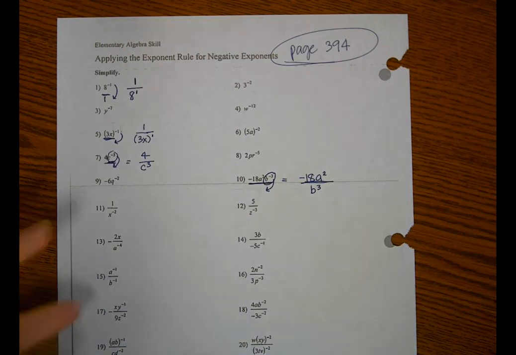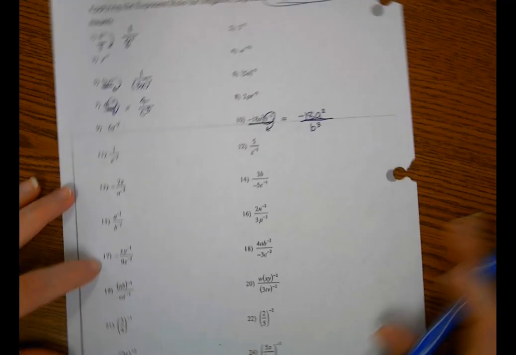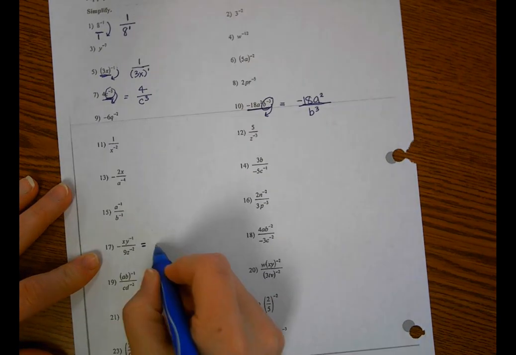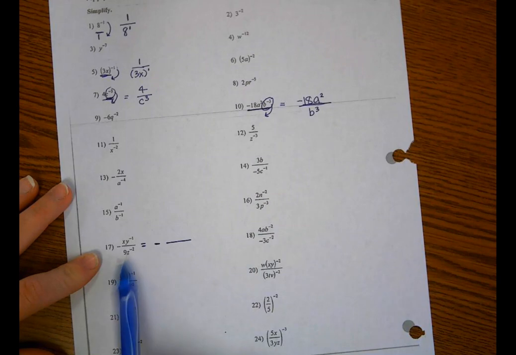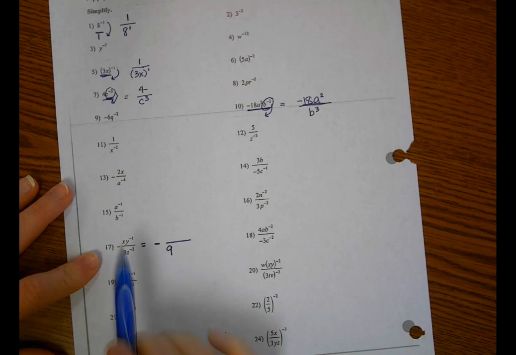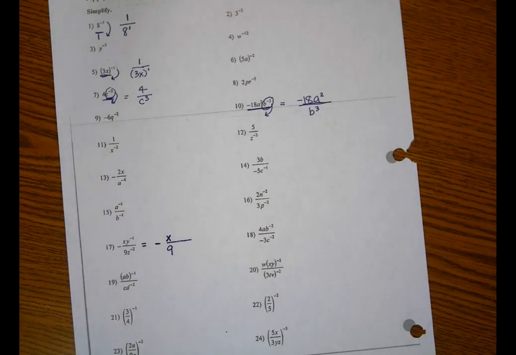So if we go ahead and look at number 17, again, that negative in the front is not going to move. That does not change any numbers, so this would stay negative. Then my 9 at the bottom does not have a negative exponent, so it's going to stay there. My x at the top does not have a negative exponent, so it's going to stay there.